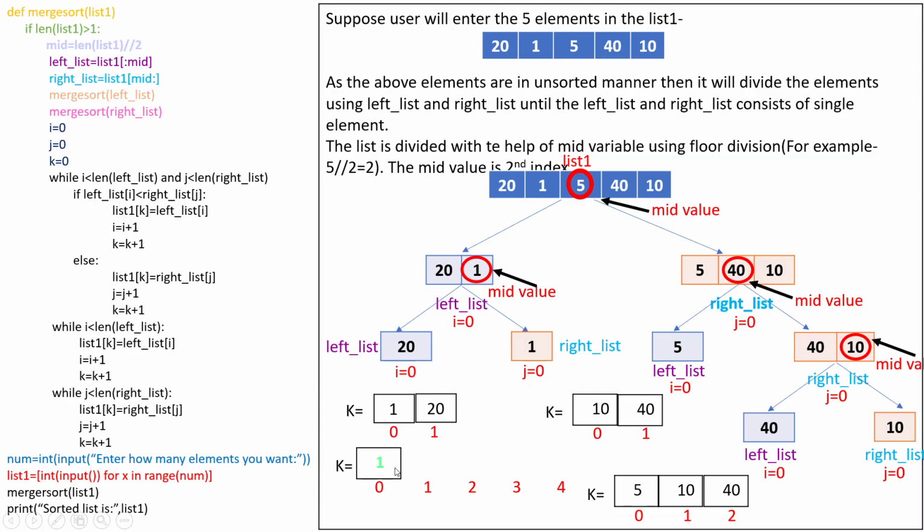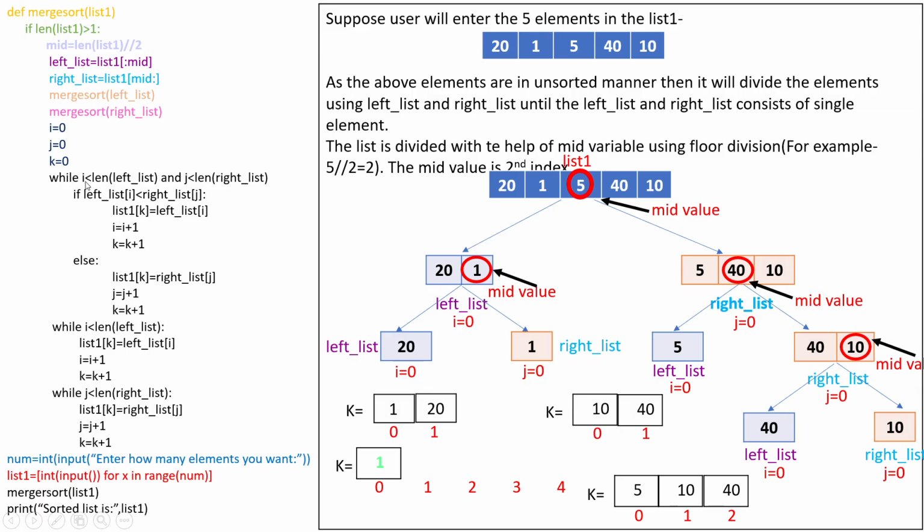That is 1 over here. Now i will be incremented by 1. i plus 1 means i becomes 1, and k is equal to k plus 1, means 0 plus 1 is 1. Now again it will go in the while condition.